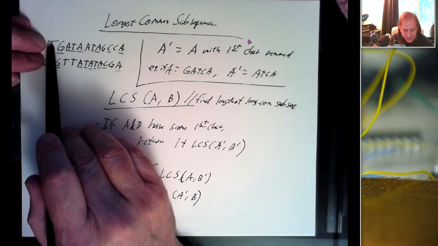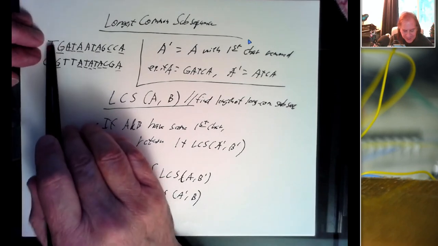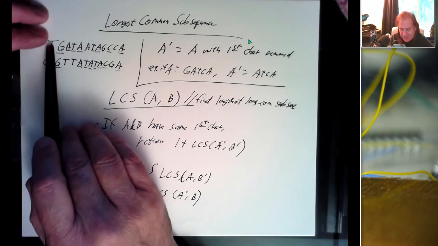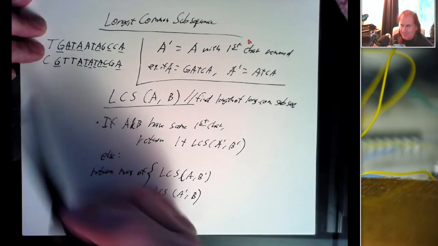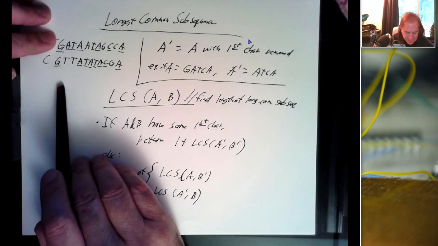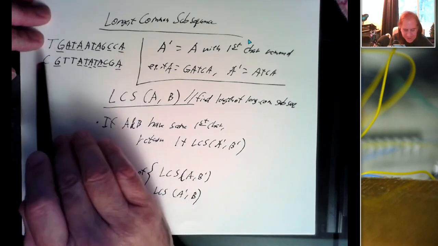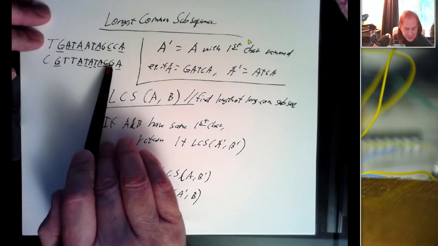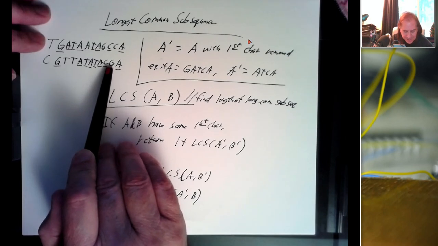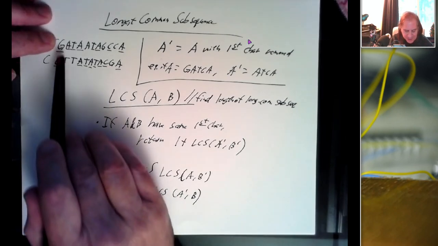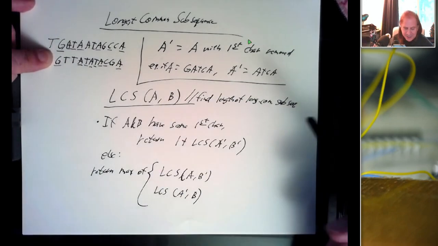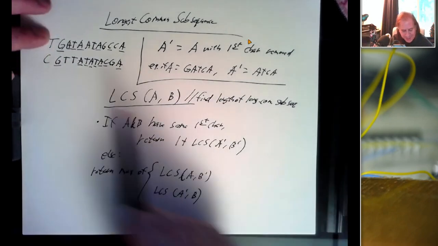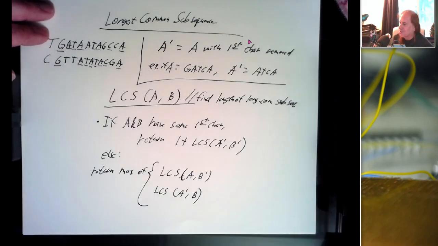But if we find the longest sequence between these two original strings, it's going to be the same as either the longest sequence of these or the longest common subsequence of these, because these two strings do not have the same first letter.